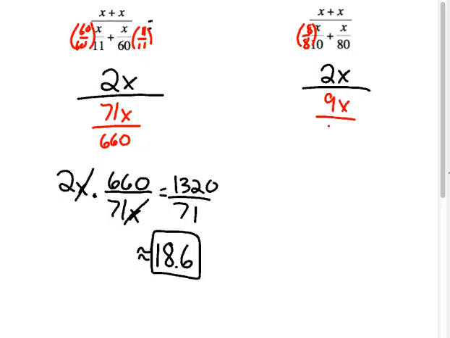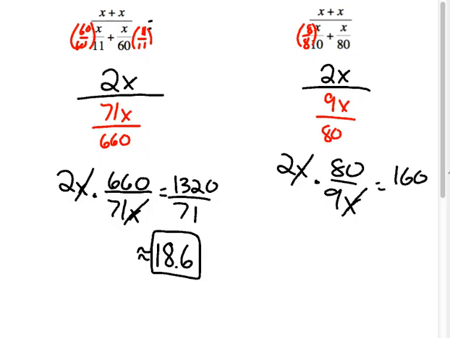And then here we have 80. Multiply by the reciprocal. So the x's cancel off. So we just have 2 times 80 on top. So 160 divided by 9. That's going to give a combined miles per gallon of about 17.8 miles per gallon.